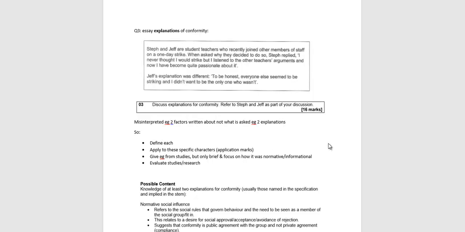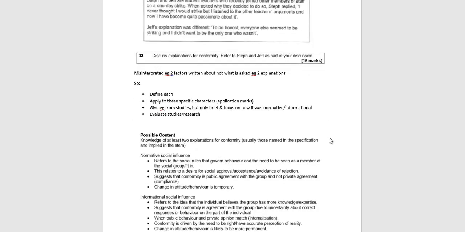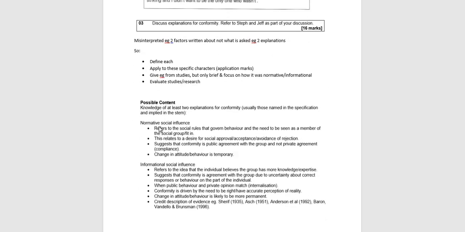Okay, so what possible content? Well, the very first thing we're going to talk about are these explanations. So in order to explain conformity, we have normative social influence and informational. Okay, so normative and informational, and that's your starting point. So literally go straight in. One explanation is normative social influence, and then tell them a little bit about that.